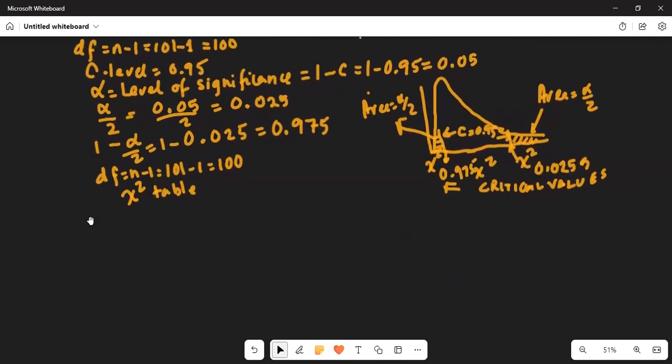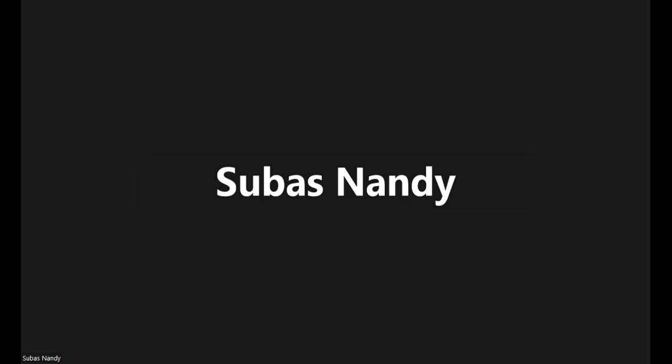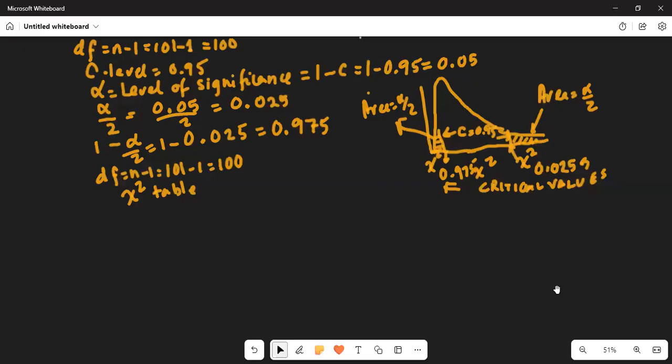There's a table available on the web. The name of the table is critical values of chi-square.